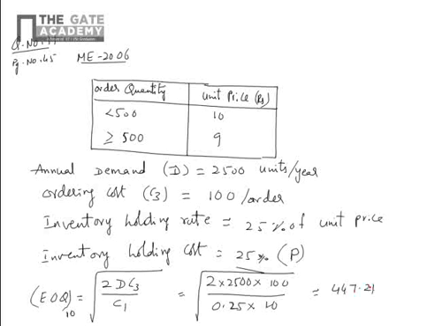447.21. So that means your economic order quantity is less than the actual value, right? So case 2.